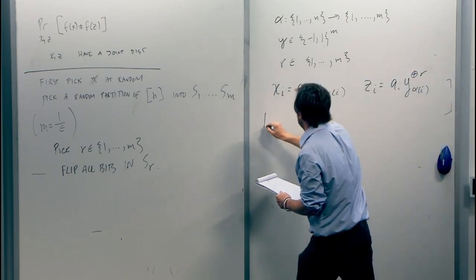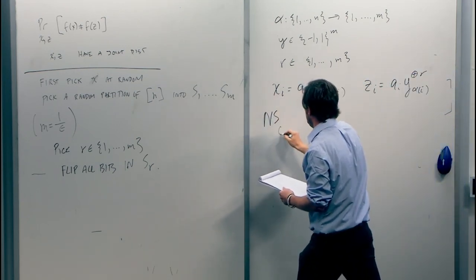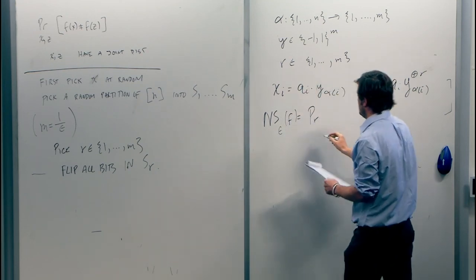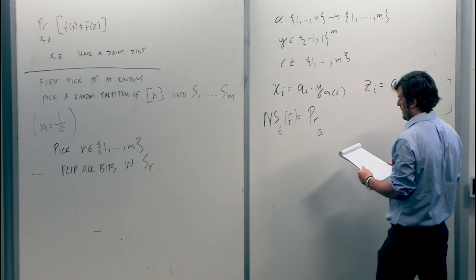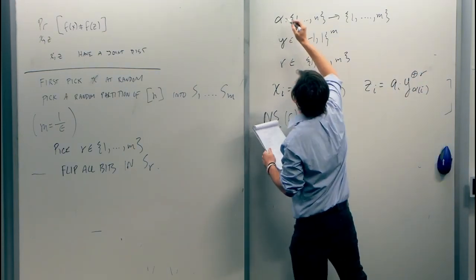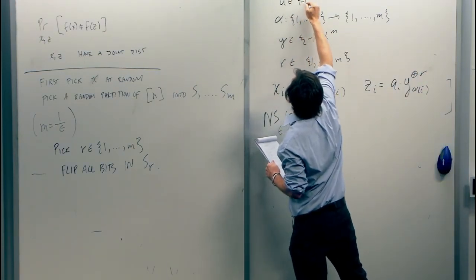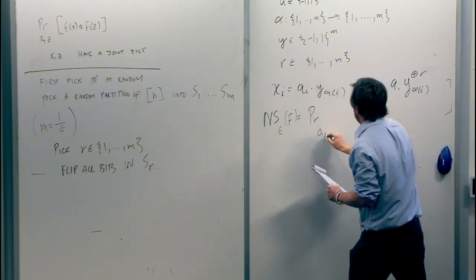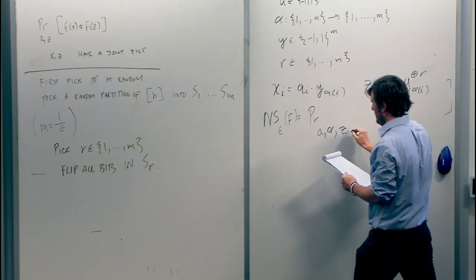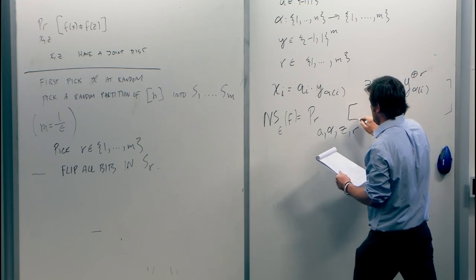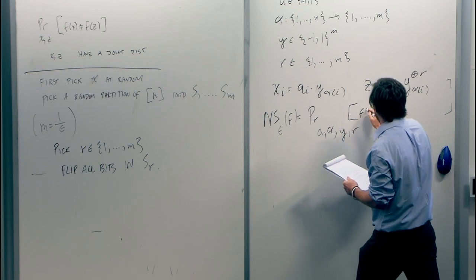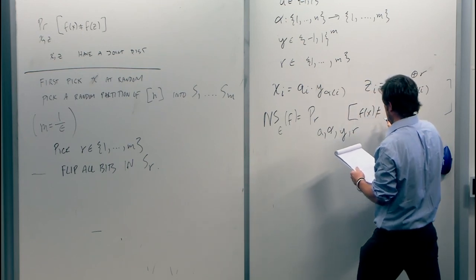And I want to claim that the noise stability at epsilon of f is equal to the probability that, choosing A at random, sorry, I forgot the most important thing, I'm going to choose A at random, alpha at random, y at random, r at random, that f of x does not equal f of z.